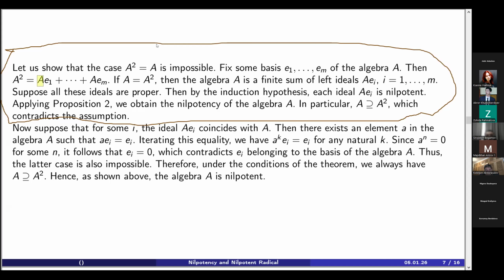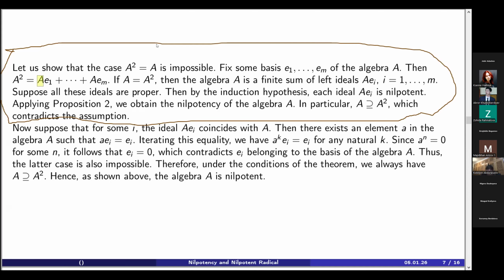В отдельном случае, если А квадрат принадлежит А, у нас появляется противоречие к нашей гипотезе. На самом деле мы хотели доказать, что А нильпотентный, и доказали.